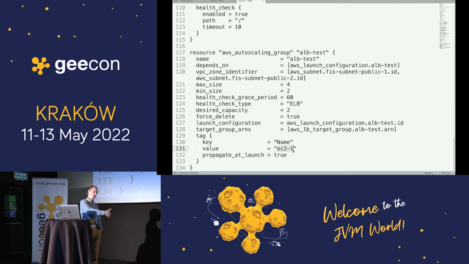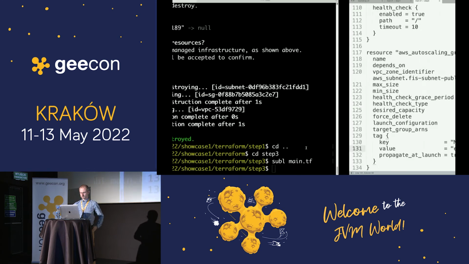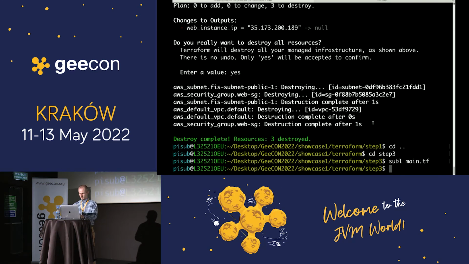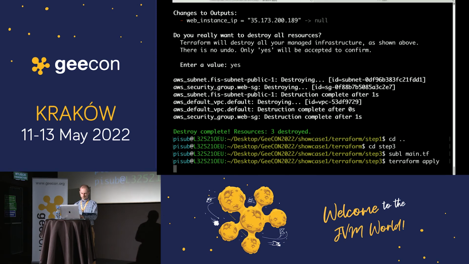So in fact, we don't have to create once again experiment template. We're going to be reusing exactly the same. We're just going to run a new experiment against our improved architecture. So let's now go here and let's do Terraform apply once again. And probably it's going to take a while.